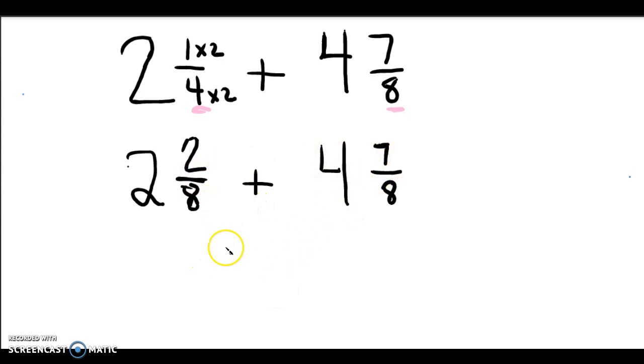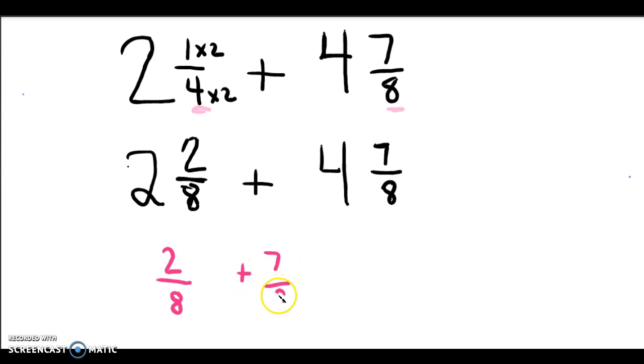So 2/8 plus 7/8. Now I remember with adding fractions that the denominator stays the same and I just add straight across the top.